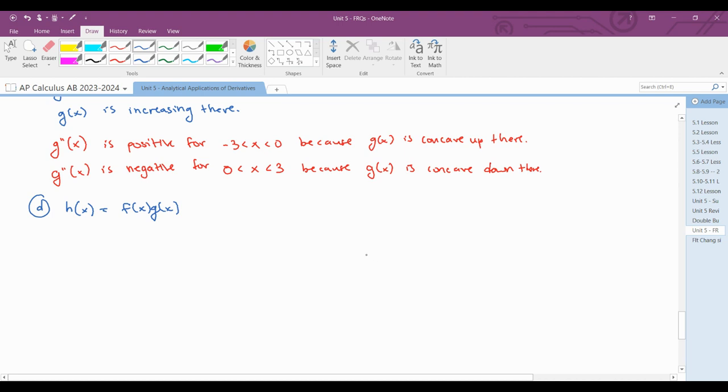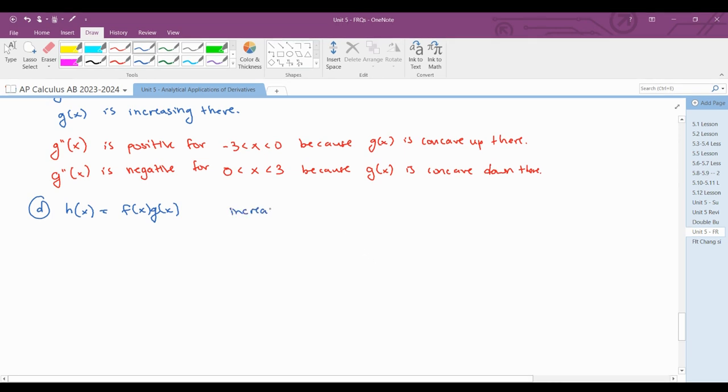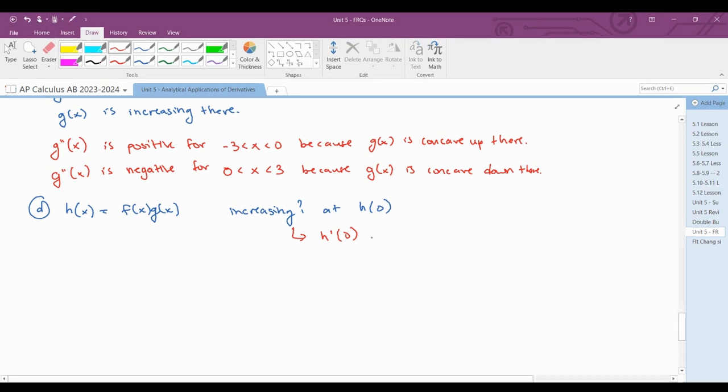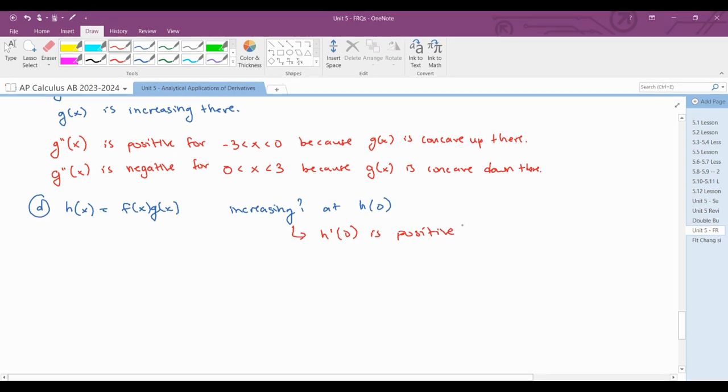And we want to know if it's increasing at x equals 0. In other words, if our function is increasing at 0, that is also asking if h prime of 0 is positive, or in other words, greater than 0. And so let's see if we can figure that out.